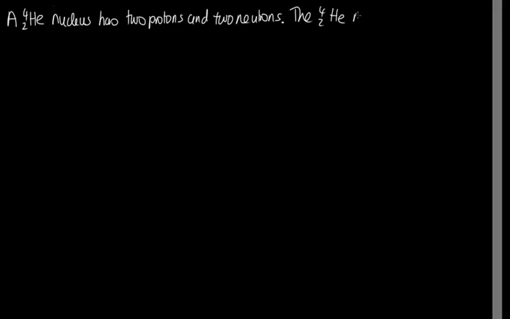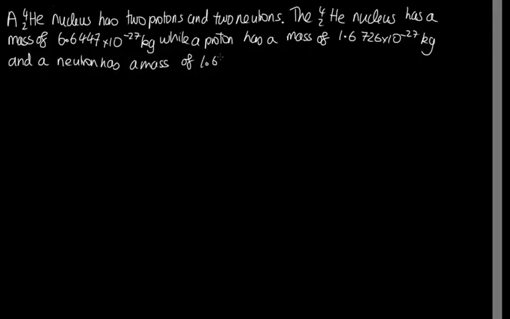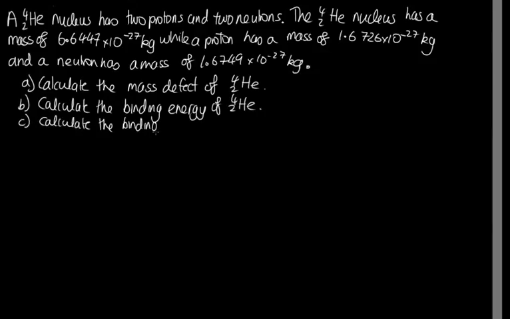The helium-4 nucleus has a mass of 6.6447 times 10 to the minus 27 kilograms, while a proton has a mass of 1.6726 times 10 to the minus 27 kilograms, and a neutron has a mass of 1.6749 times 10 to the minus 27 kilograms. A. Calculate the mass defect of helium-4. B. Calculate the binding energy of helium-4. C. Calculate the binding energy per nucleon of helium-4.